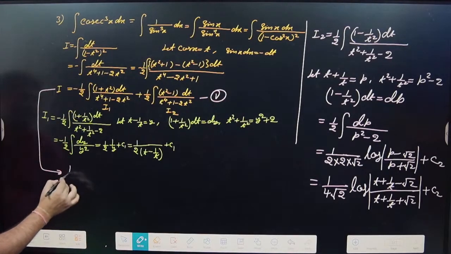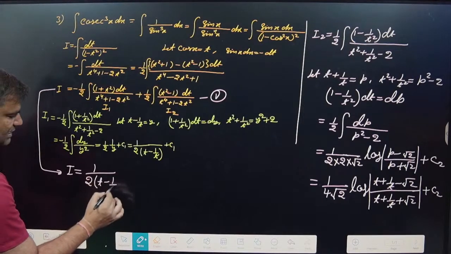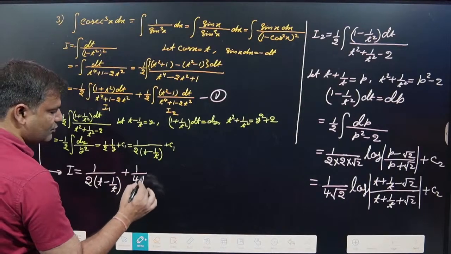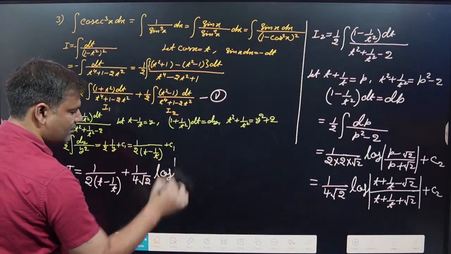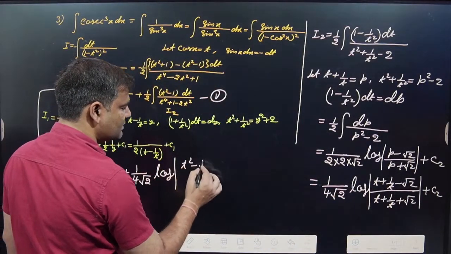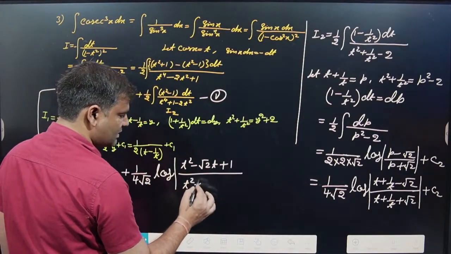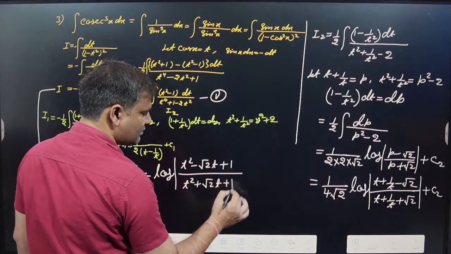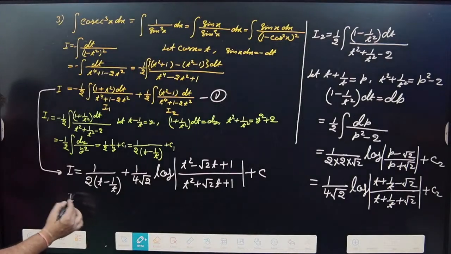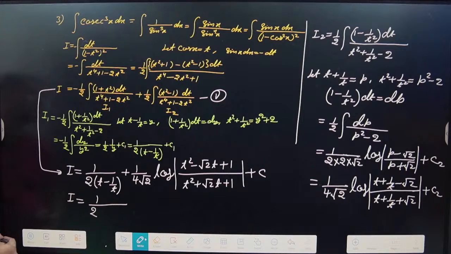Then we get I as 1 by 2 into t minus 1 by t plus 1 by 4 root 2 into log of modulus of, you can solve this one, then we retain t square minus root 2t plus 1 divided by t square plus root 2t plus 1, plus C1 plus C2, which will be equal to C. I will be equal to 1 upon 2, t is basically cos x.